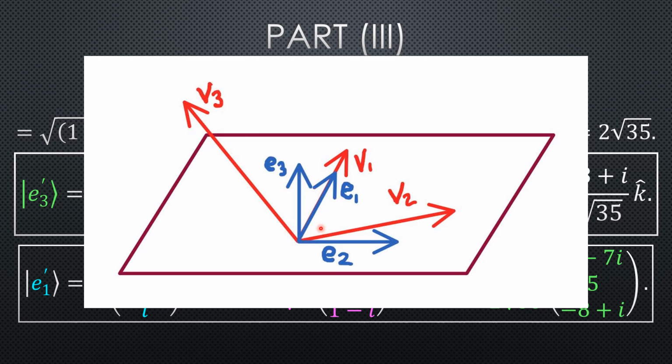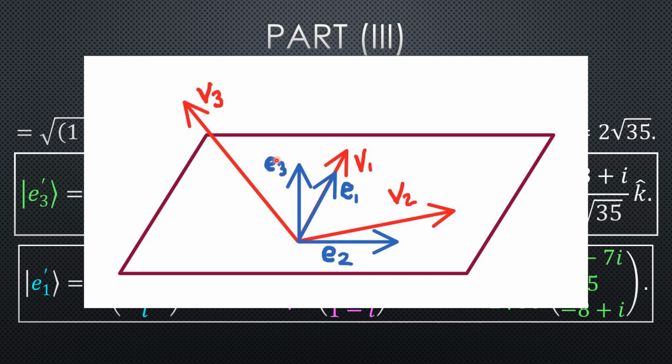Then after the procedure, we normalized V1 into E1, so we see how it got shorter, but stayed in the same direction. Then E2, after subtracting off the projection, we now reorient it this way because of that subtraction and normalized it. We see that E1 and E2 create 90 degrees.